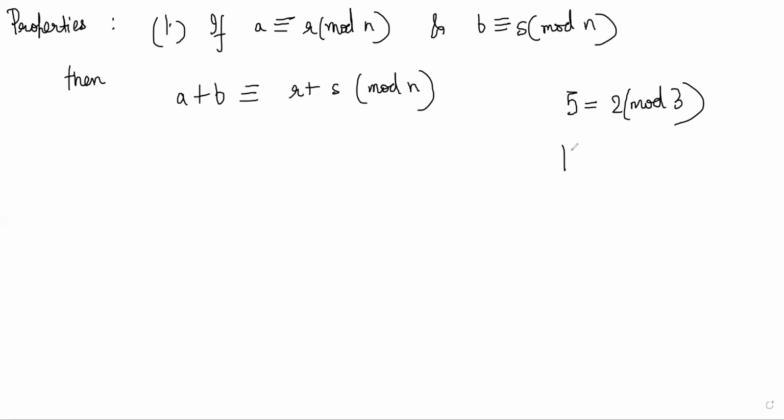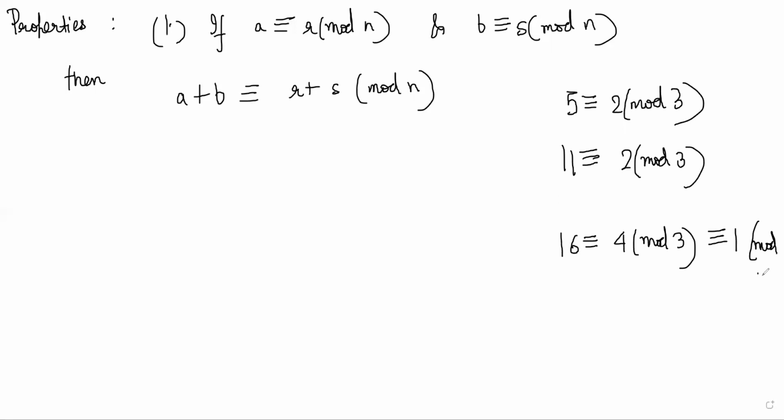We can take another number. 11 is congruent to 2 mod 3, right? So 5 plus 11, 16 should be congruent to 4 mod 3, which is equal to 1 mod 3, right? So you're getting 2 plus 2, 4 mod 3, which is also 1 mod 3. 16 is 1 mod 3 because when you divide 16 by 3, you get remainder 1, right? This is the first one.